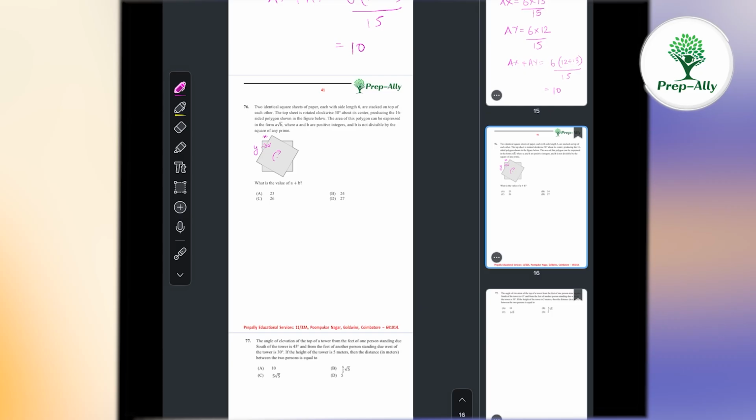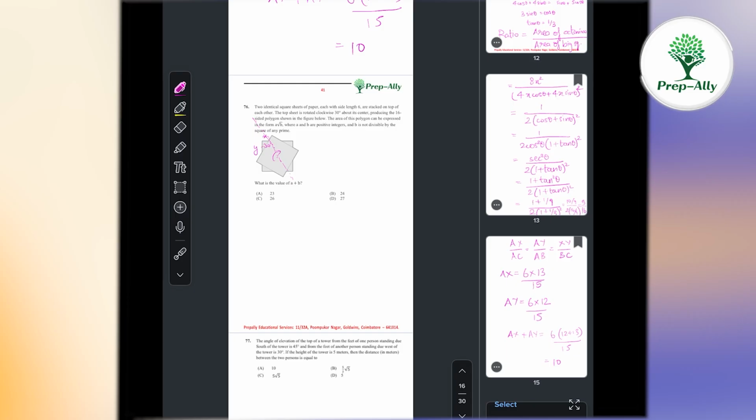Because this is symmetric, this also equals x and this equals y, right?